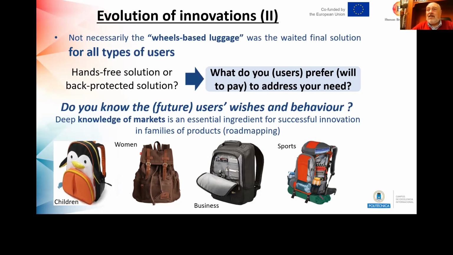And then even in this case, just specifically focusing on people that prefer hands-free solutions in terms of backpacks, you could have also a specific type of products based on the characteristics of the different segments of users. In these cases, you could see here that there will be different types of backpacks, maybe devoted to fulfill the requirements or the habits or the specific attractiveness from different segments of users.